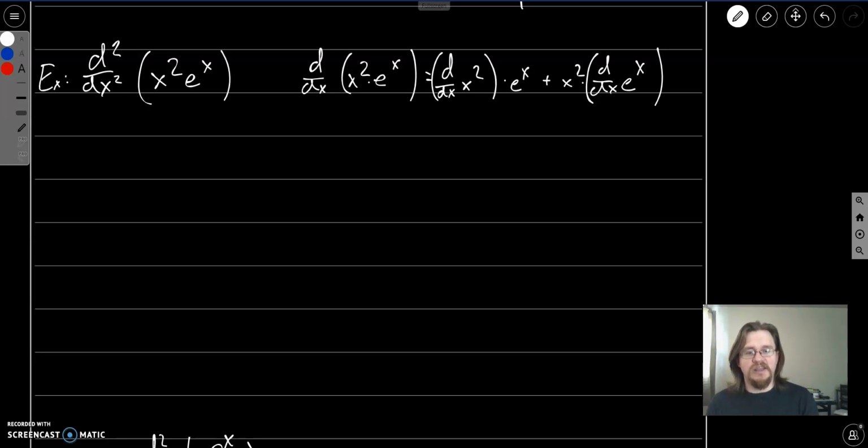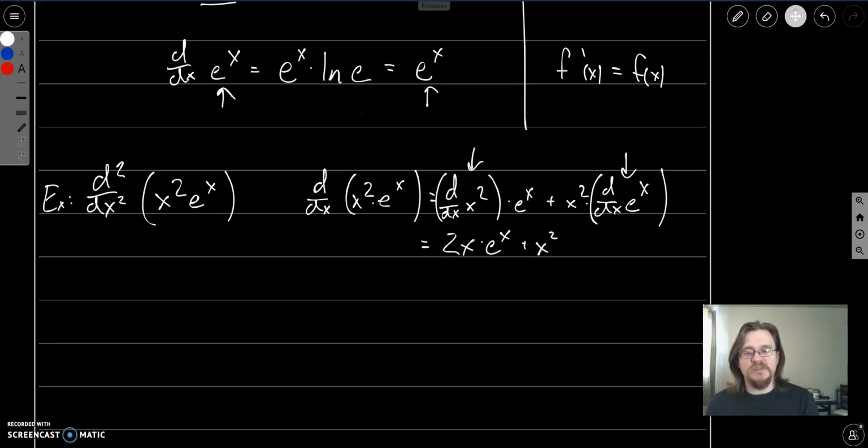Here we can see that we're taking the derivative of the x squared in the first term, and over here we're taking the derivative of e to the x. So let's simplify this. The derivative of x squared is just 2x. Well, that's pretty straightforward. And then we've got x squared times the derivative of e to the x. And again, e to the x is one of these special functions that's equal to its own derivative. So nothing much is going to change there.